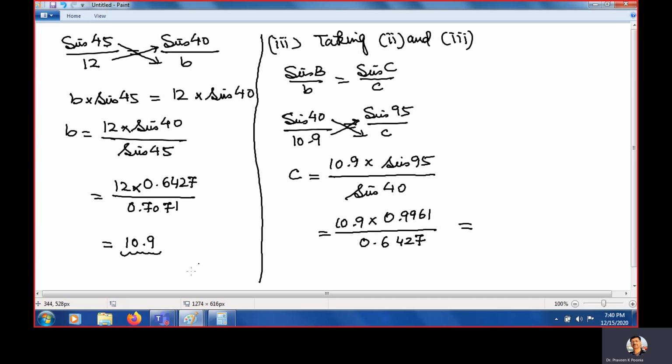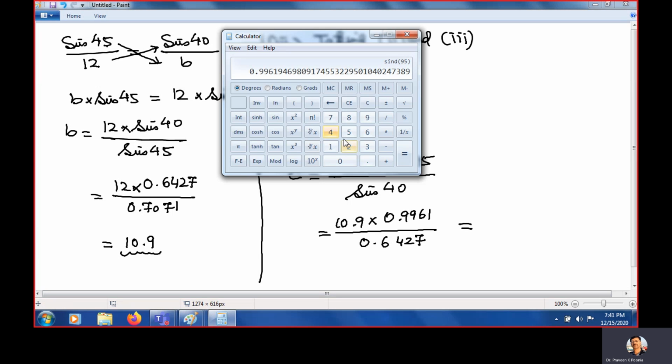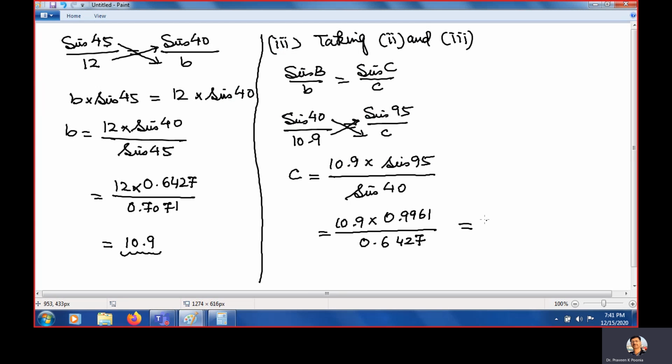So if we simplify this value, what will we get? This is 0.99 multiply by 10.9, and divide by 0.6427. How much is it? 16.89, and approximately you can write 16.9.